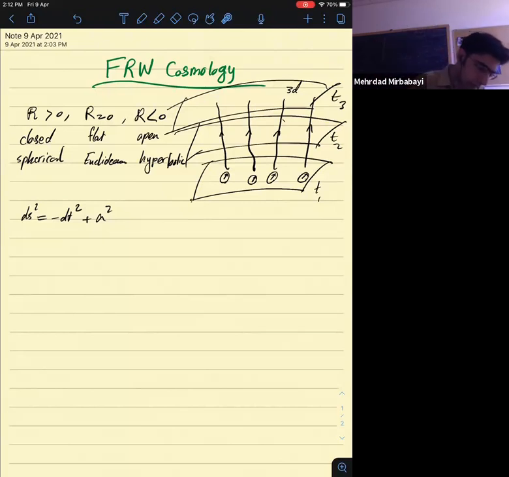So therefore, the metric can be written as some scale factor that just rescales these surfaces times some fixed spatial metrics with a fixed curvature that we set to 1 if it is non-zero, to 1, 0, or minus 1. So that's how it looks like.